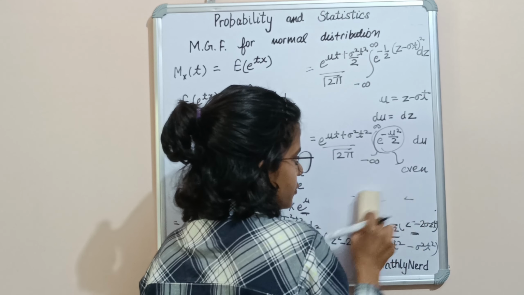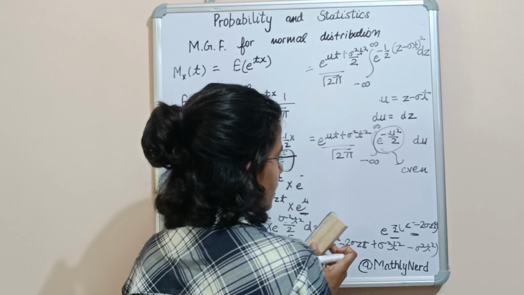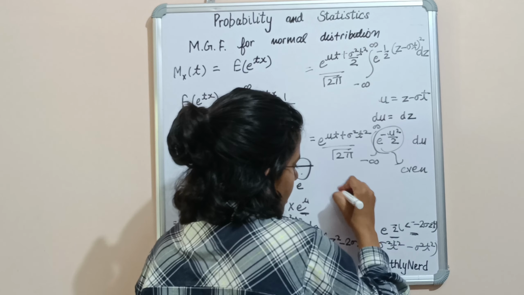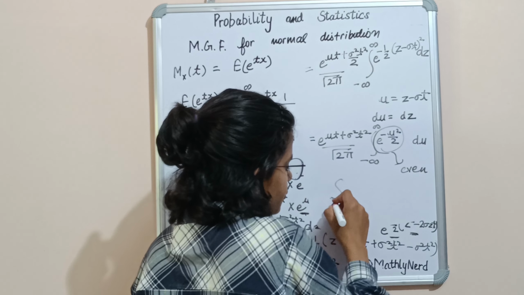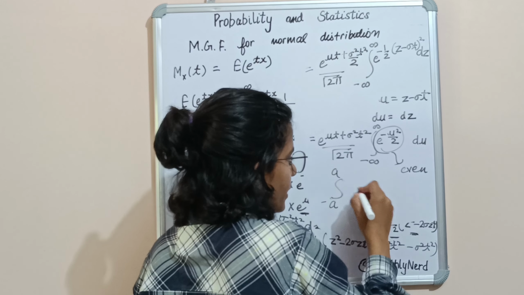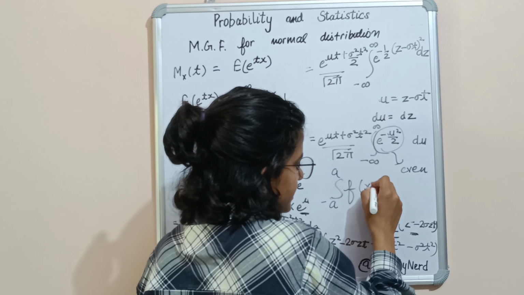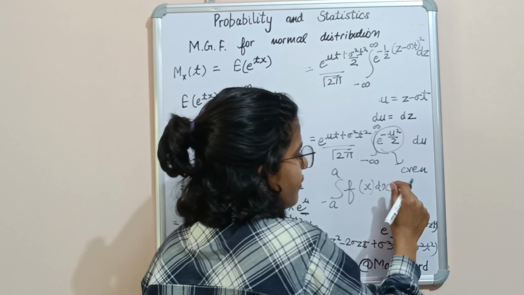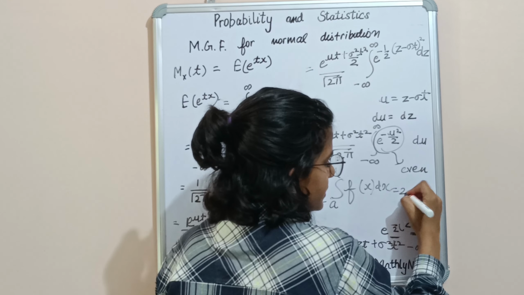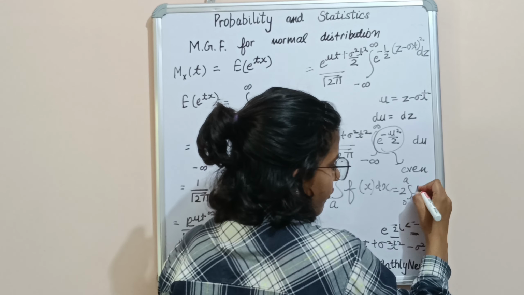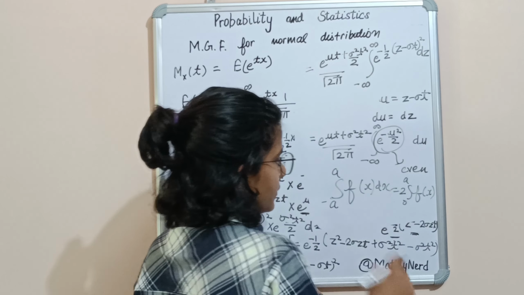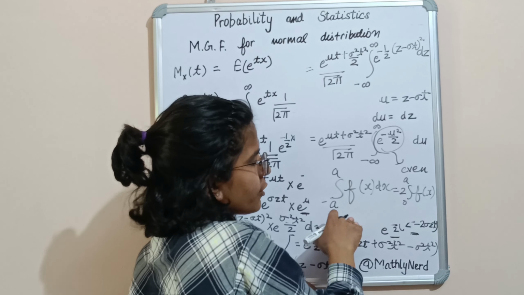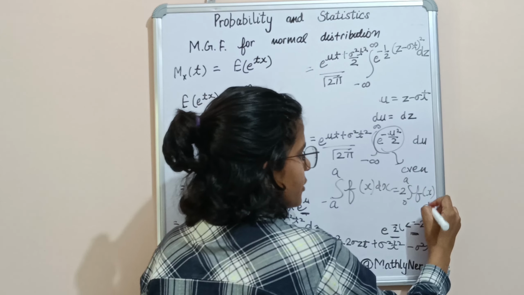And for an even function, integration from minus a to a of f of x dx equals 2 times the integration from 0 to a of f of x dx. This is a property for an even function's integration.